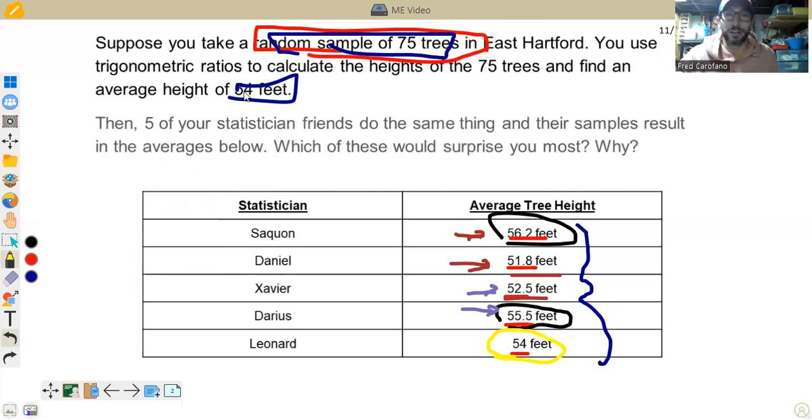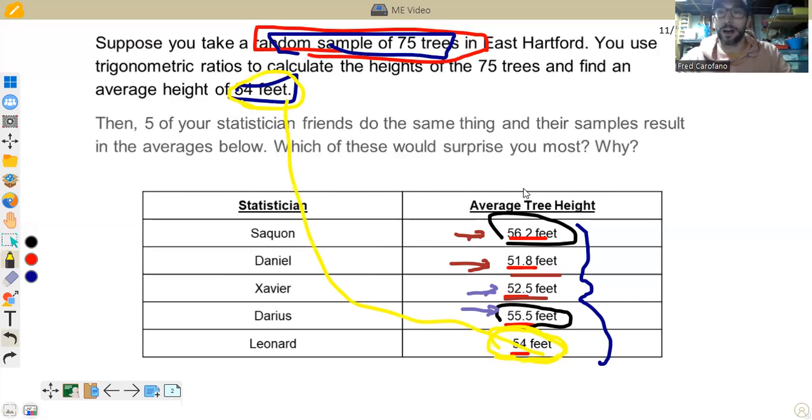It would be kind of crazy if the average that I got and the average that my friend got using two totally separate groups of 75 random trees. We might have one or two trees that we chose the same that overlap, but our groups of 75 are both random and different. It would be kind of wild if we got the same average. So hopefully, at least one of us was thinking about that and maybe even shared it out loud. So really, that's what's the most surprising.